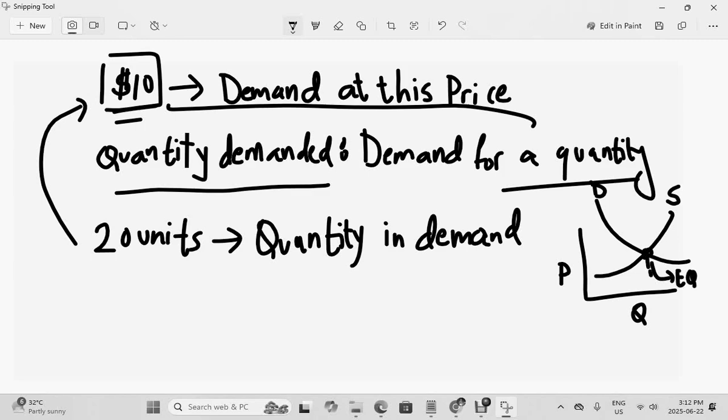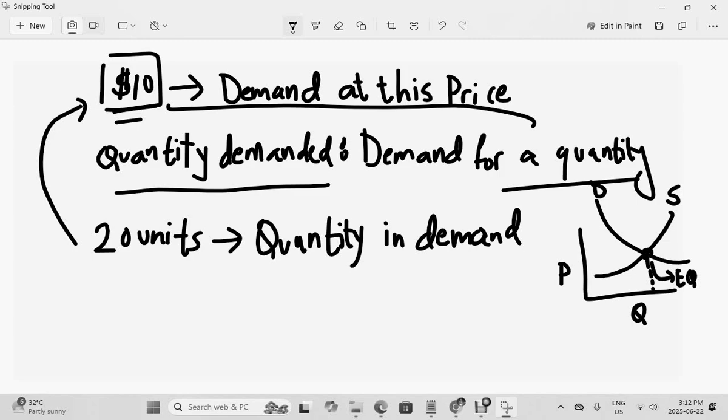At this point, whatever quantity you have is the quantity demanded by consumers and the quantity supplied by suppliers, which should be the same. Consumers are willing to pay for a product at a price that the suppliers are willing to sell it for, and that would be your quantity demanded versus quantity supplied.